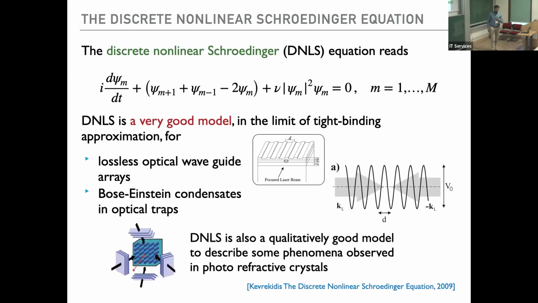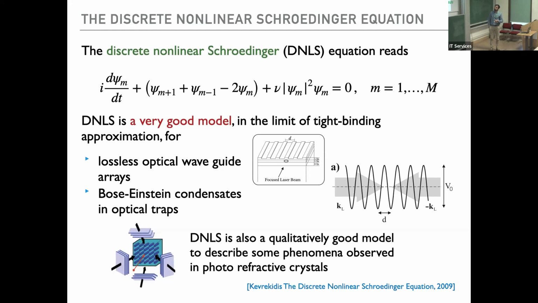And where can you apply this model? It's a relatively good model in the limit of the tight-binding approximation. For example, you can use this model for lossless optical waveguide arrays, where essentially each waveguide is described by the complex oscillator psi_m.